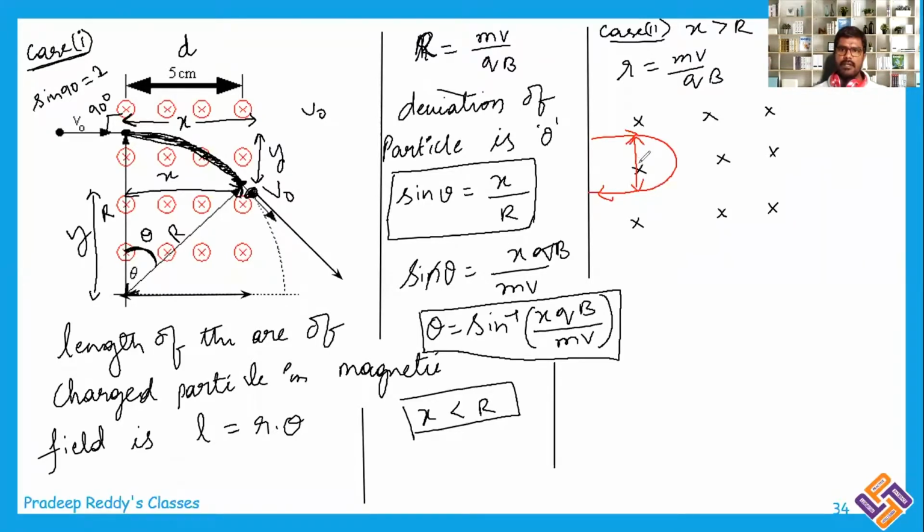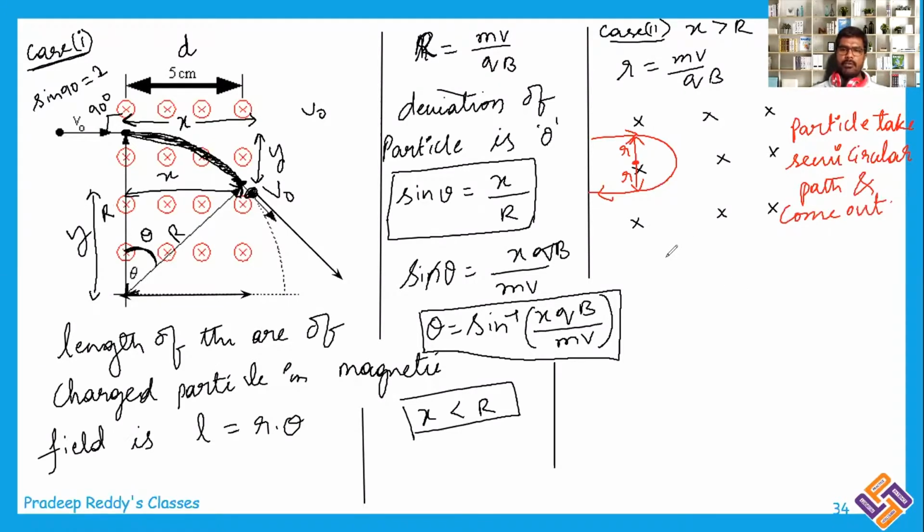This is r and this is r; it is the total diameter of that particular radius of curvature. So I can write r is equal to mv divided by qB. So the particle takes a semicircular path and comes out.